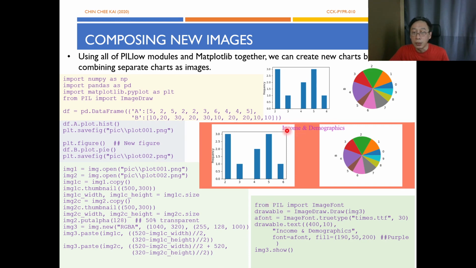And finally, we want to insert a common title, because the ax.set_title earlier on in pandas is for each axis, each graph, each chart. But now that we are composing a new chart, we better draw our own. So using the drawable that we created earlier on, we draw onto image 3, create a font, and text it onto here using a kind of purplish color. And that's all. As simple as that.